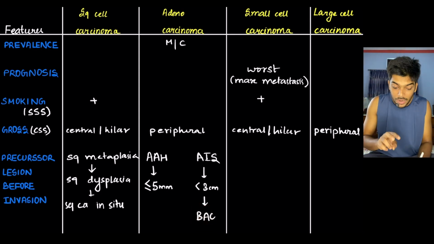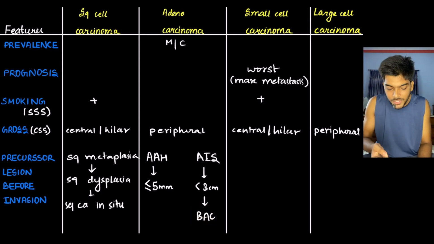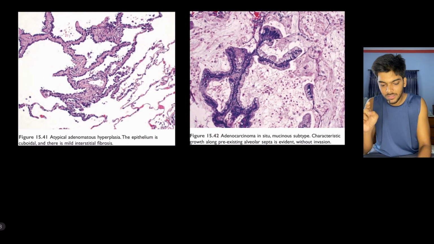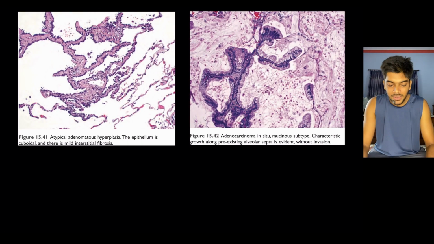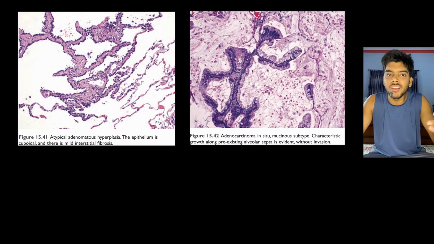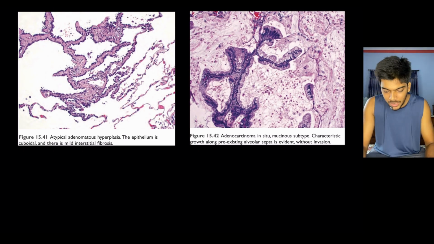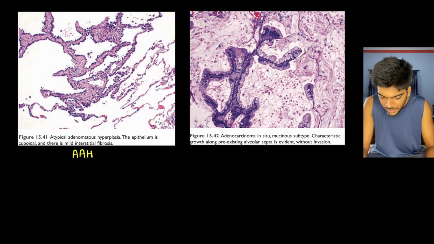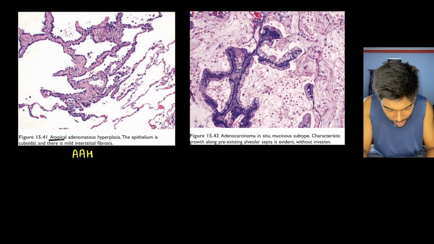Once again, let's look at both the precursor lesions of adenocarcinoma, atypical adenomatous hyperplasia and adenocarcinoma in situ, with the help of two histology pictures given in Robbins. There are two different precursor lesions that can eventually lead to adenocarcinoma of the lung. First is AAH, atypical adenomatous hyperplasia.